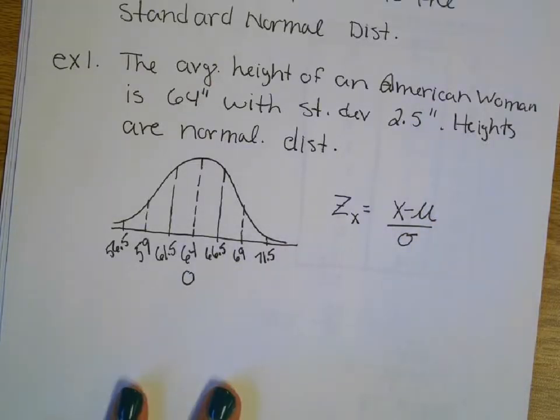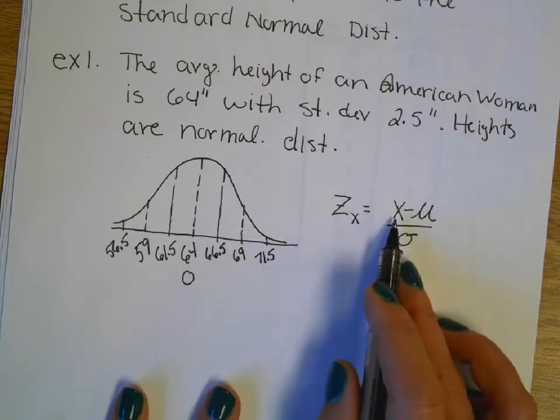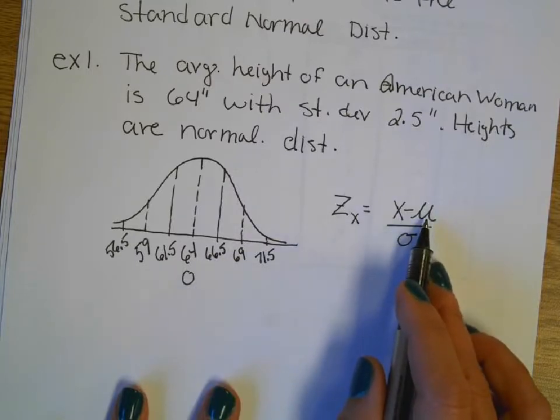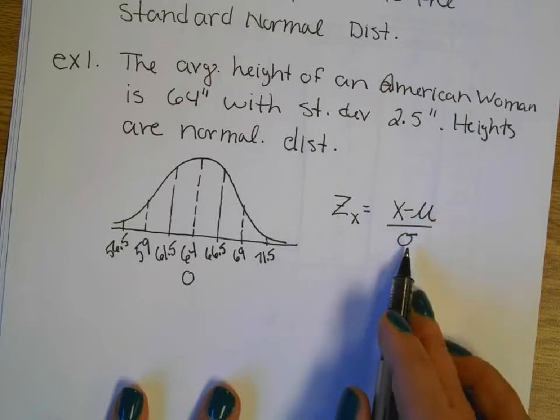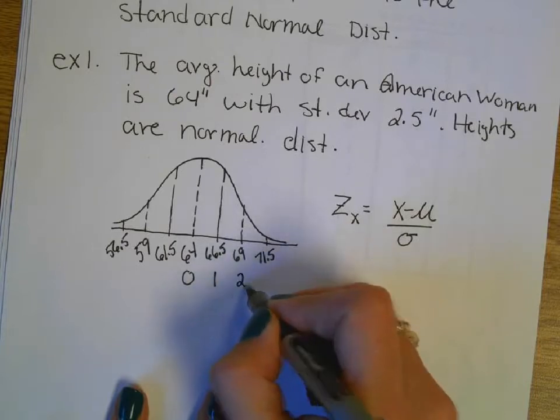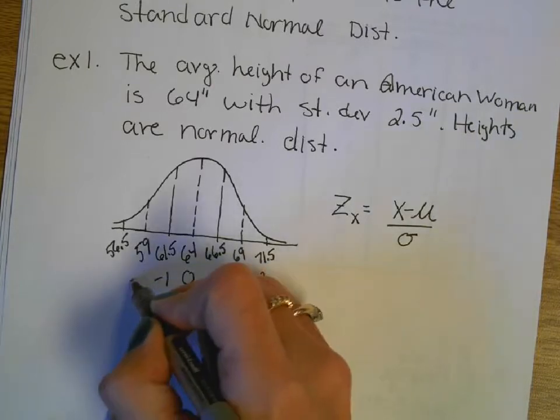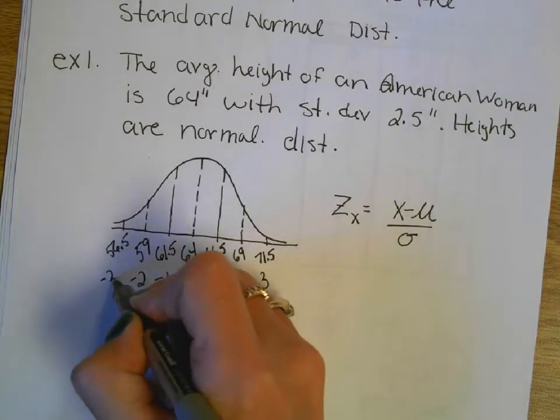That's the chart. If I take 66.5, subtract 64, that gives me 2.5 divided by the standard deviation. It's going to go 0, 1, 2, 3. And then on the low end, we're going to have -1, -2, -3.